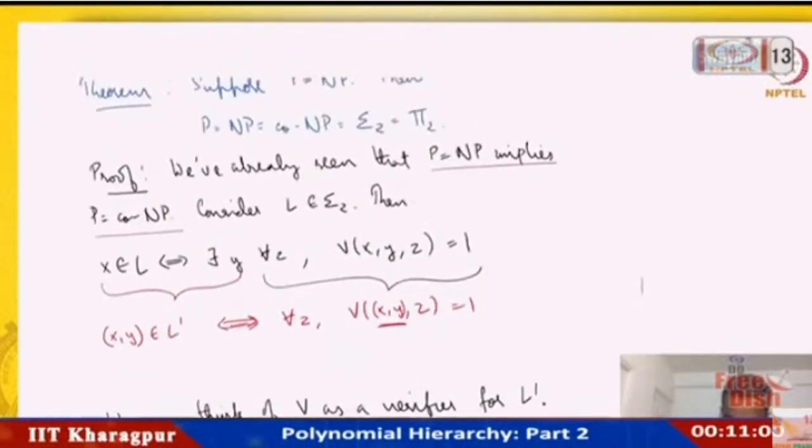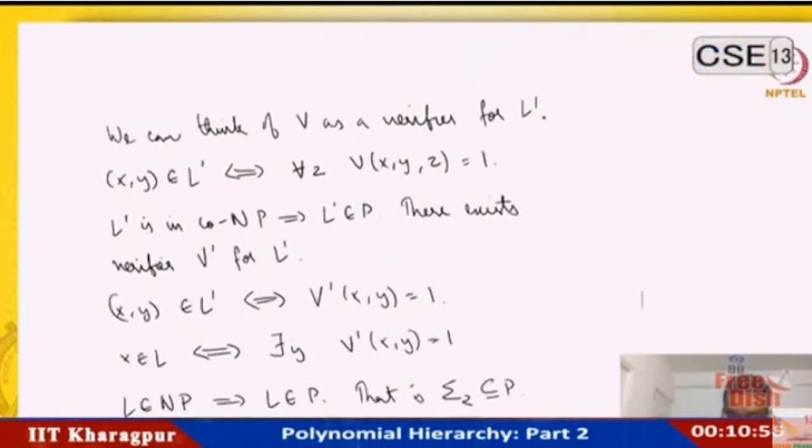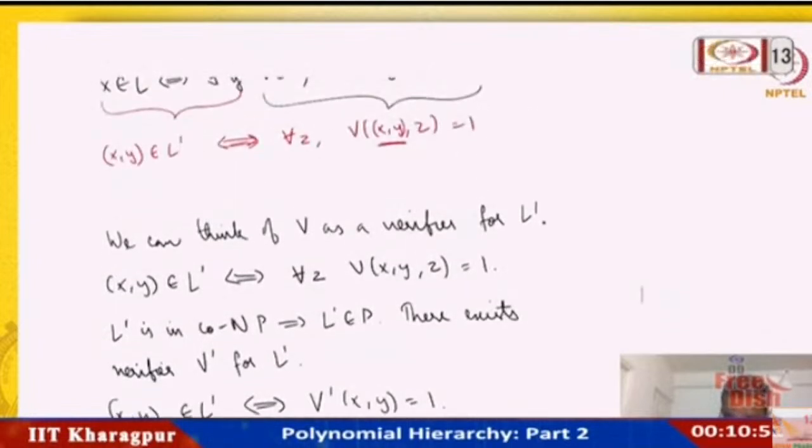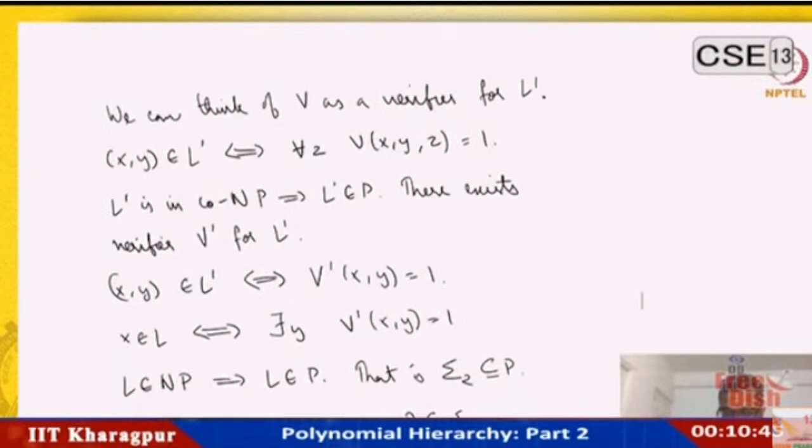By assumption, we have already assumed that P equal to NP implies P equal to co-NP, which means L prime is in P, which means that for L prime there is a deterministic polynomial time decider. So when x comma y is in L prime, there should be some V prime that is able to verify it without any quantifiers or anything, right? So V prime of xy is equal to 1.